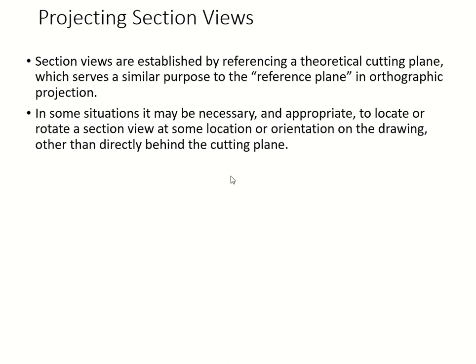Depending on the model, you'll sometimes have to rotate it to be able to see the sections that you put on that model. So orientation and location definitely matter. You can't just cut it down and see directly on the cutting plane. It doesn't work like that. Sometimes you have to tilt it, and sometimes you have to rotate it up and down or side to side to be able to see them.